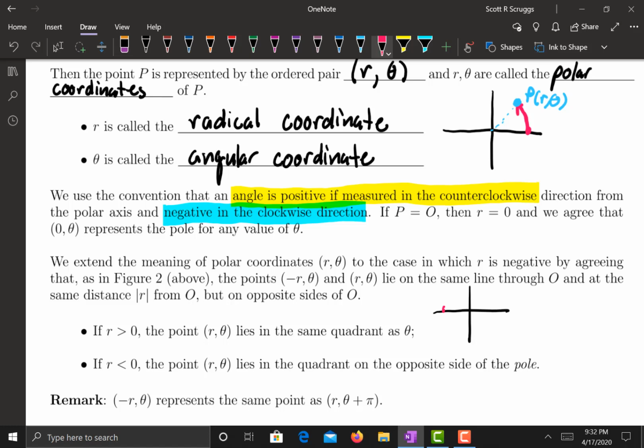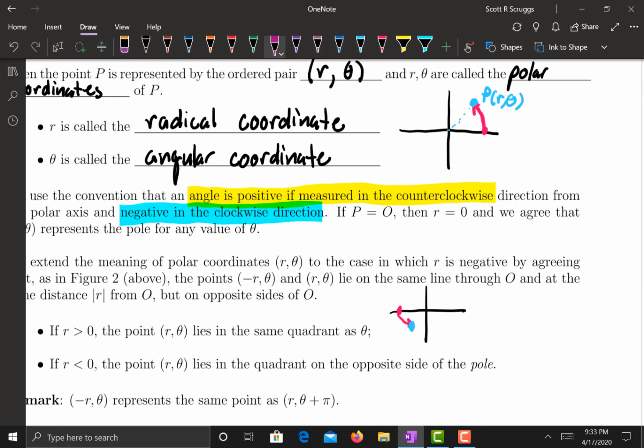So if I have a negative value for the radial coordinate, and I have a positive theta, I'm still going to rotate by that many units to plot the point.